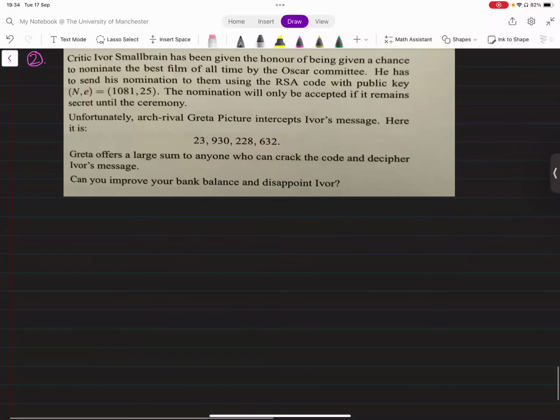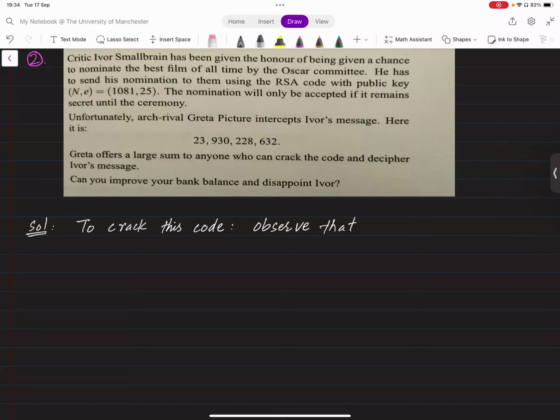Let's see. So, solution: to crack this code, observe that 1081 is nothing but 23 times 47.